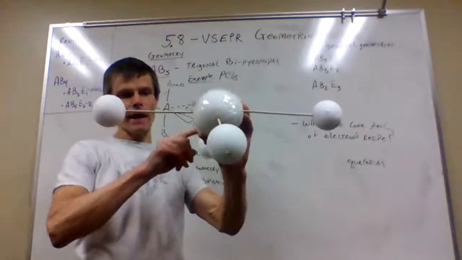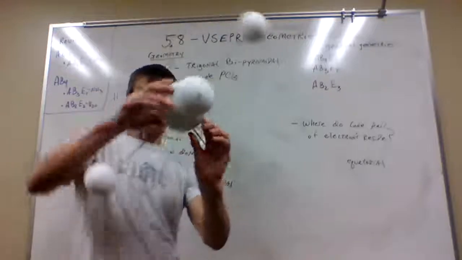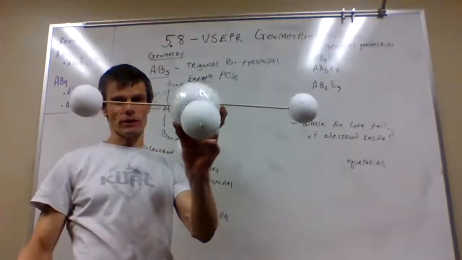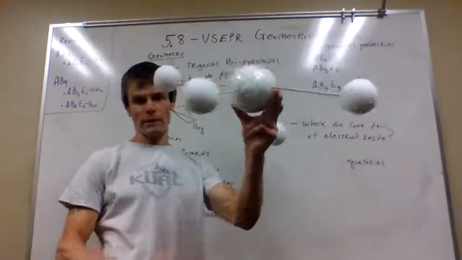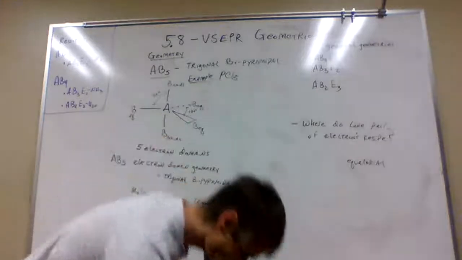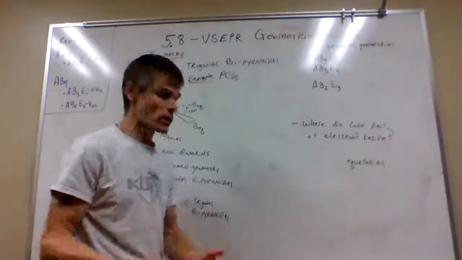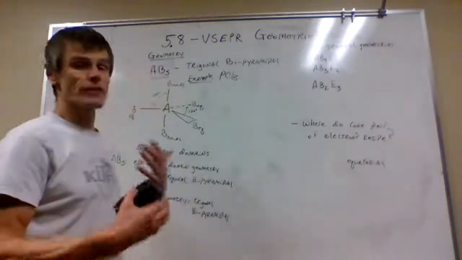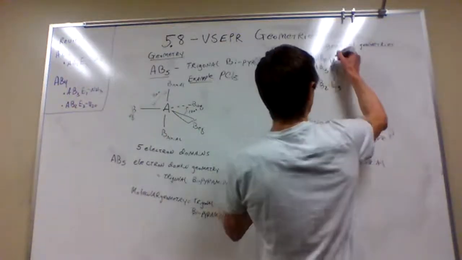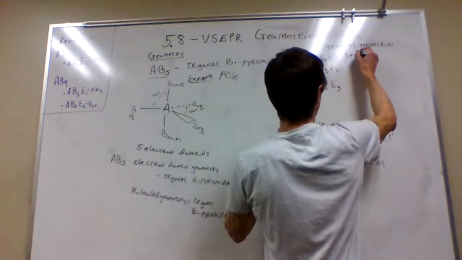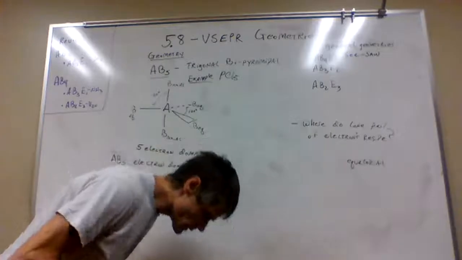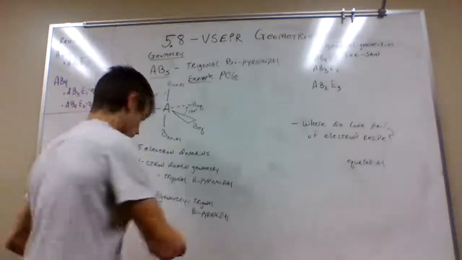The two remaining atoms sit along the equator, we're flipping it, and the lone pair of electrons is going to sit up in this region. And the name of this geometry is seesaw. These two go back and forth. An example of a molecule that experiences this type of seesaw geometry is sulfur tetrafluoride.